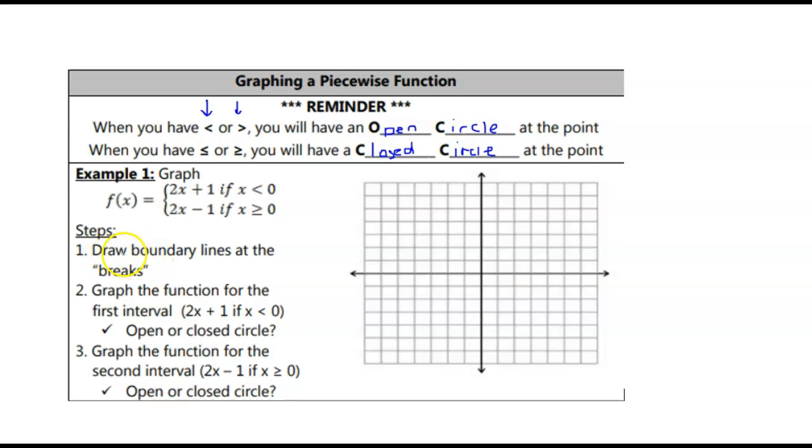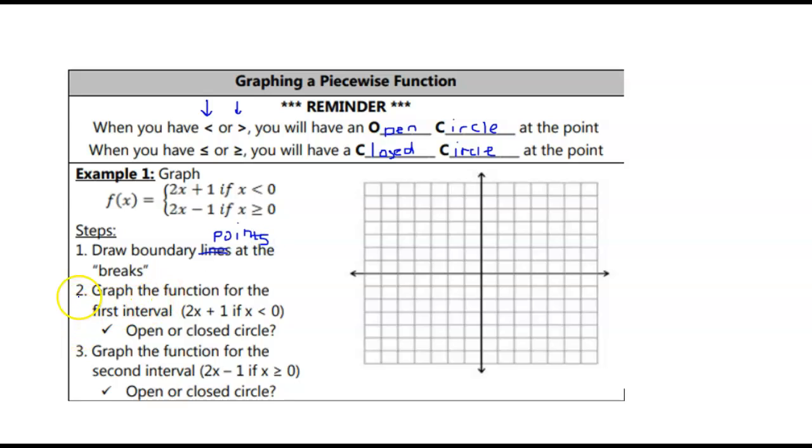The first step says draw boundary lines at the breaks, and I'm going to say that you draw your boundary points at the breaks. So let's edit that to, we're going to draw our boundary points first.